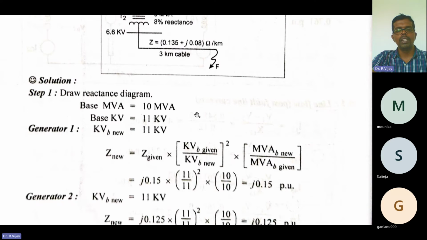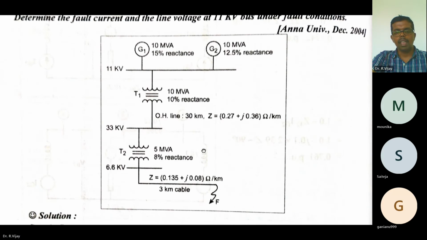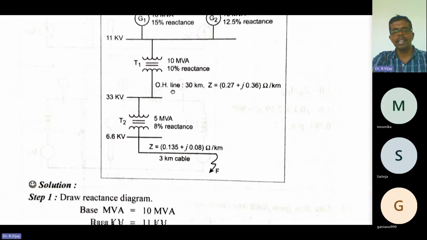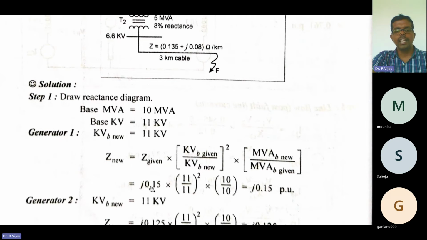It is given in the problem for generator one as 15% reactance. So we take it as J into 0.15, that is 15 divided by 100. So here it is J into 0.15 into KVB old, which is 11 kilovolt, divided by KVB new, also 11 kilovolt, the whole square, into MVA B new divided by MVA B old.